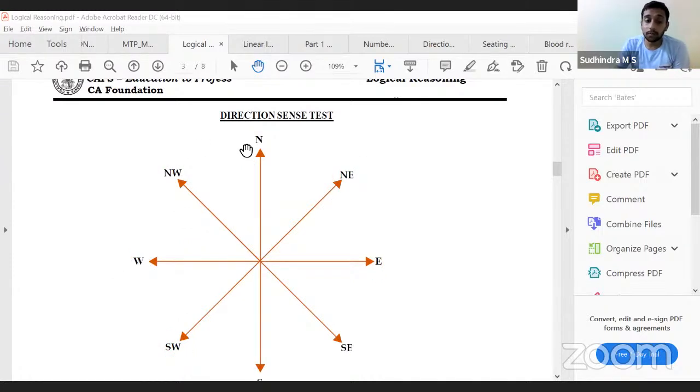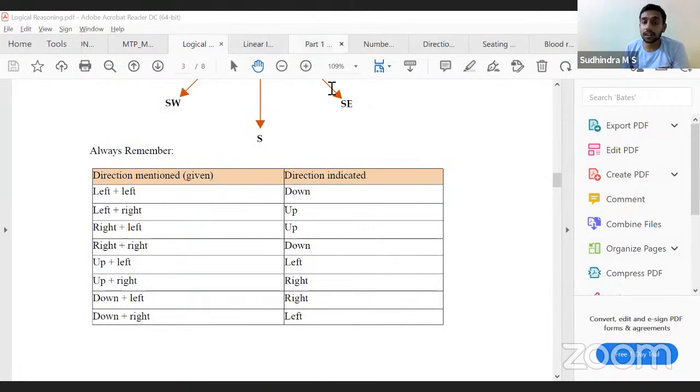Now, some specific points given in the question. When they say he has gone left and again taken a left, it means he's traveling down. He has taken a left and now taken a right, means he's traveling up. He's taken a right and now taken a left, means again up. He has taken a right and then again a right, means he's traveling down. He has traveled up, now taken a left, means he's traveling left.